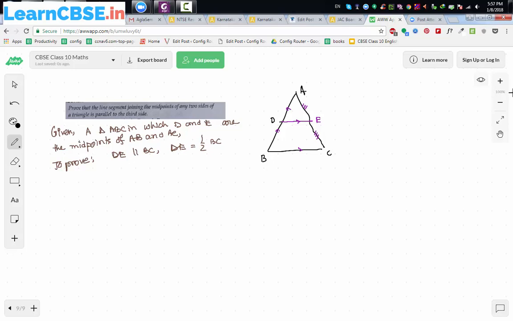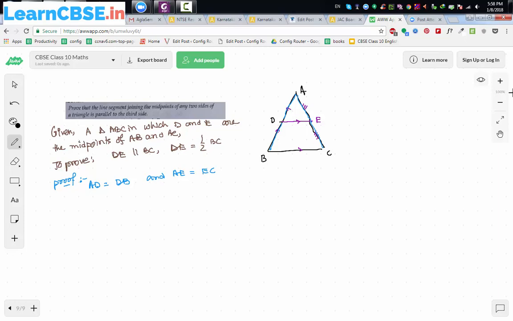Now, how to prove it? Since we know that D and E are the midpoints of AB and AC, we can write that AD is equal to DB and AE is equal to EC.